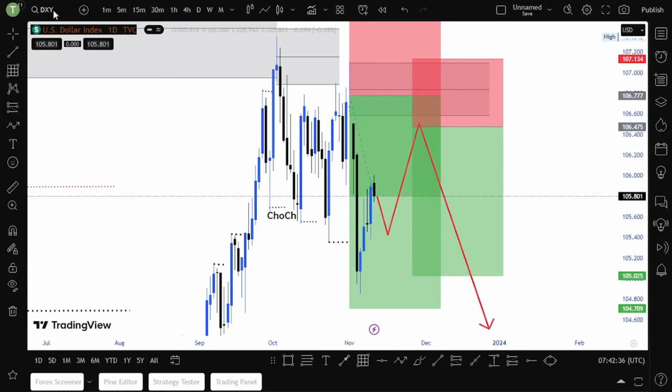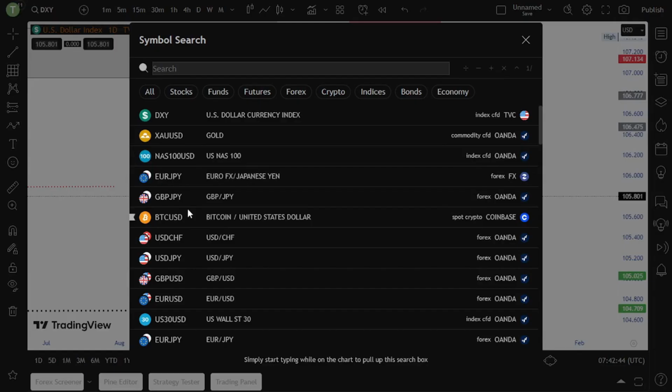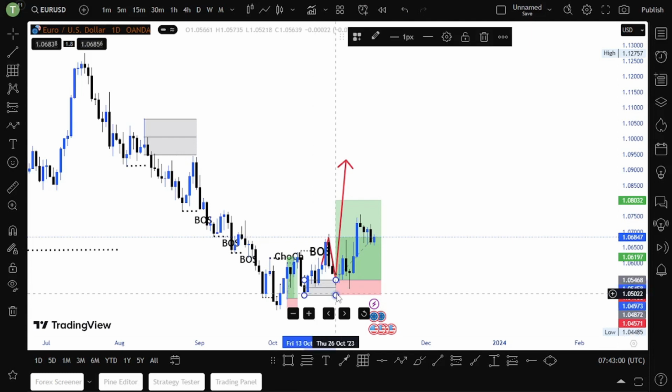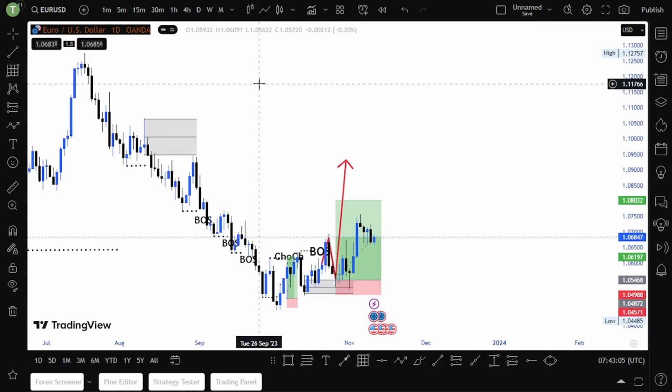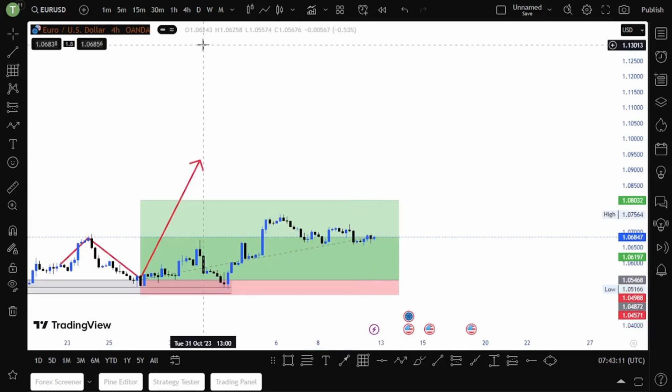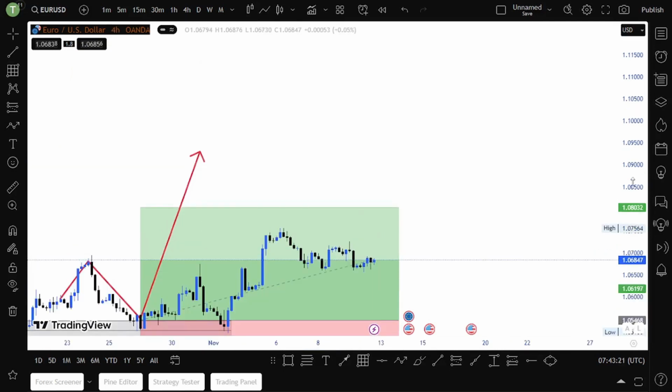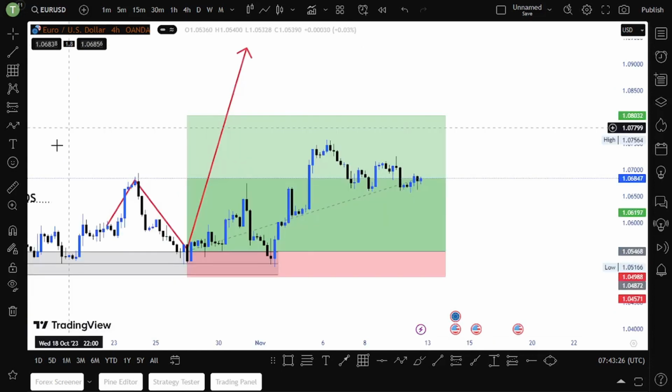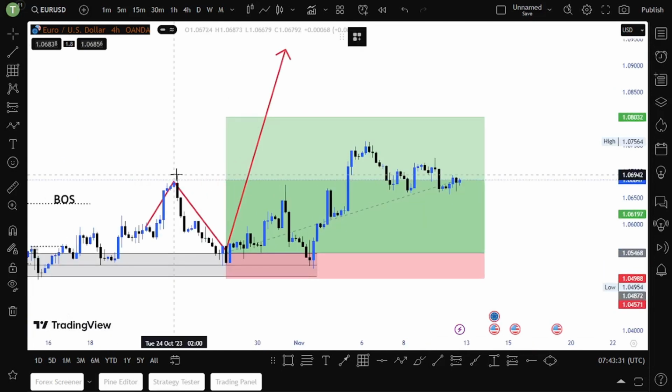Now let's move on to Euro USD. Looking at Euro USD, as you can see, that is where we entered our buy. So we are currently in a buy on Euro USD. As you can see now, we already have a break of structure. That is our break of structure, guys.